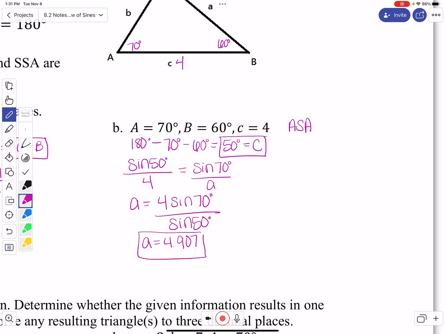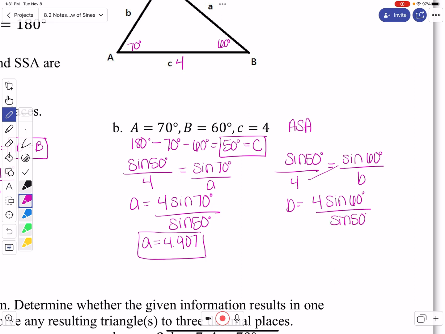Okay. And again, I'm still going to use sine of 50 over 4 to find B. And I got to use 60 degrees for B. So B is going to equal 4 times sine of 60, because I'm just multiplying those two, divided by sine of 50.